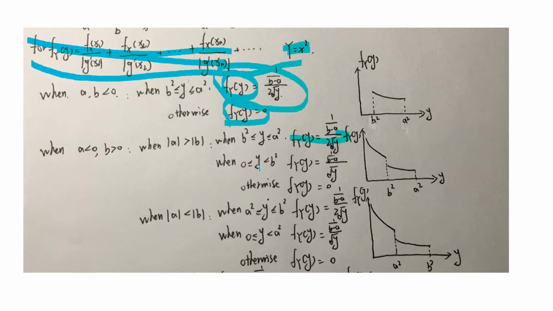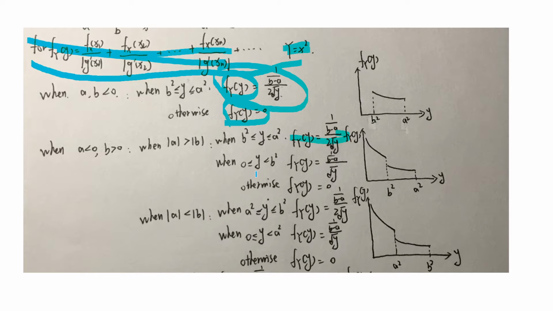The second case is when y is in the range between 0 and the square of a. We already know that y equals the square of x, so y must be greater than or equal to 0.